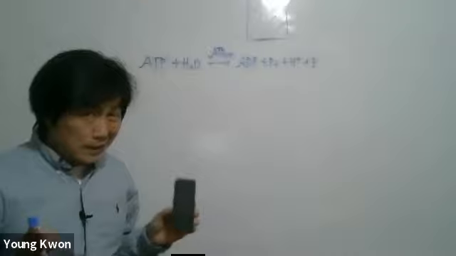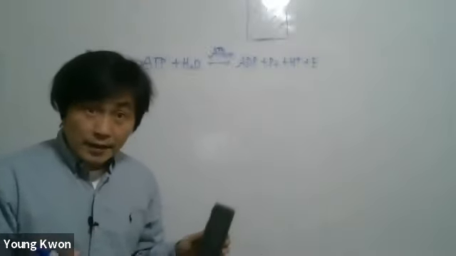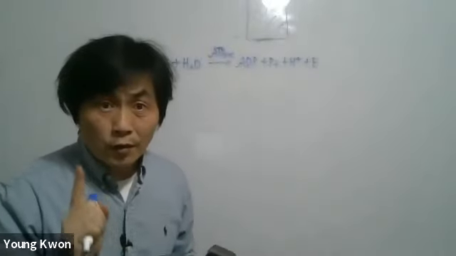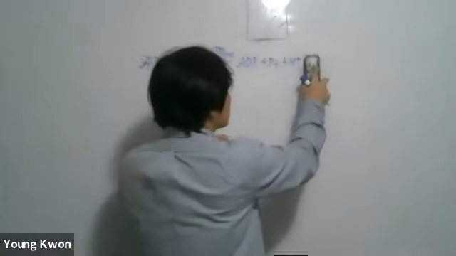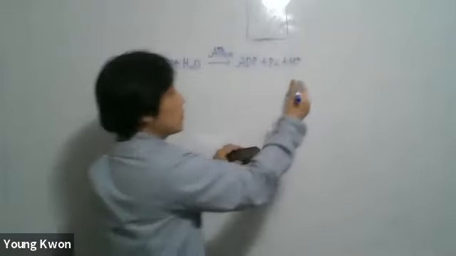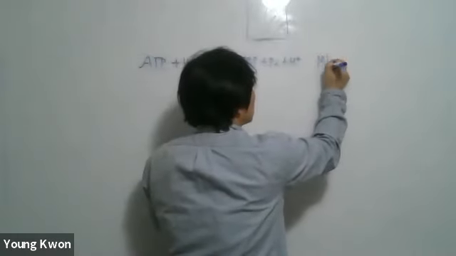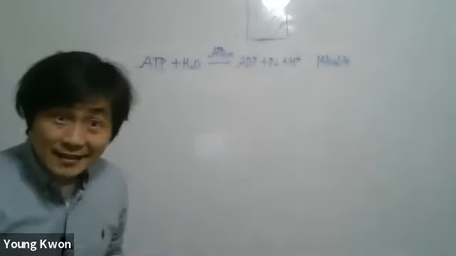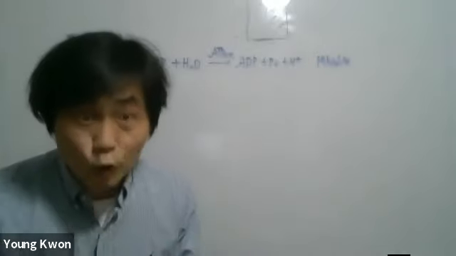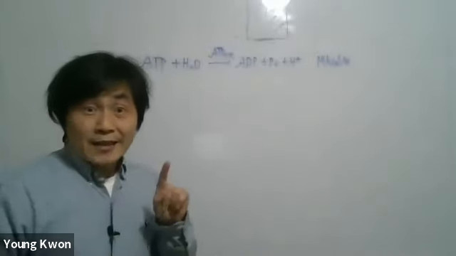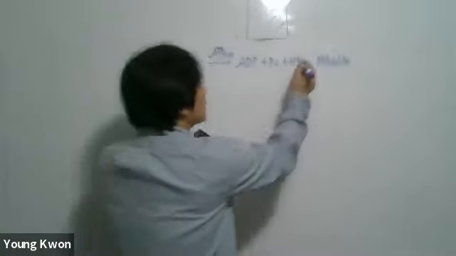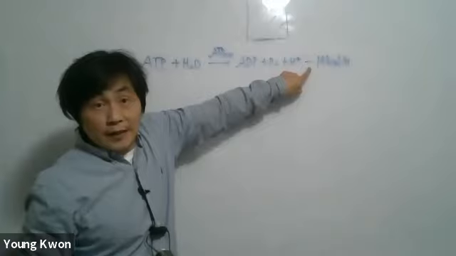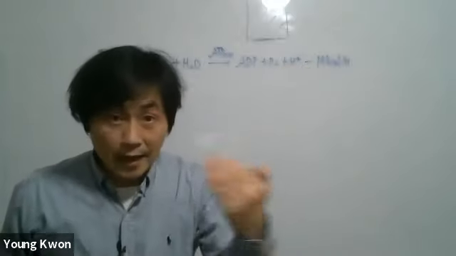If you break down ATP in your body, it releases around 14 kilocalories per mole. Does it make sense? But how about in chemistry? In chemistry, release means negative. So if I put negative, it means it releases energy.